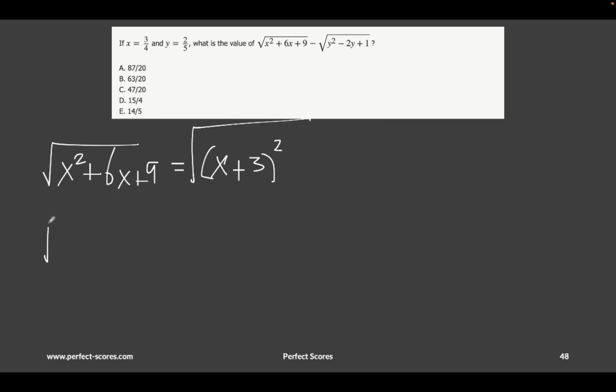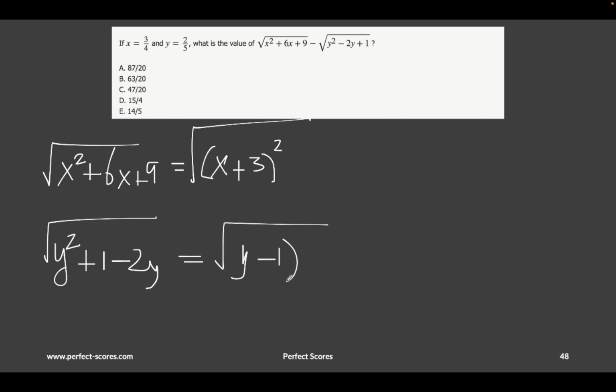What about this one here, which is y squared plus 1 minus 2y? Isn't that y minus 1 whole square? So that's y minus 1 whole square, right? So how can I deal with square and under root? Well, that's just absolute value.